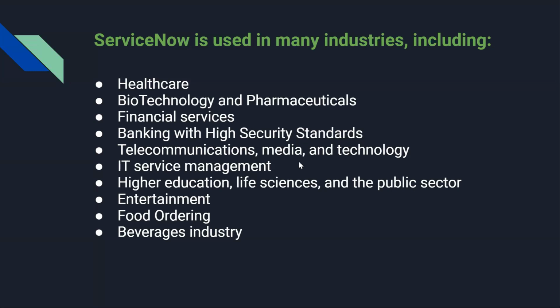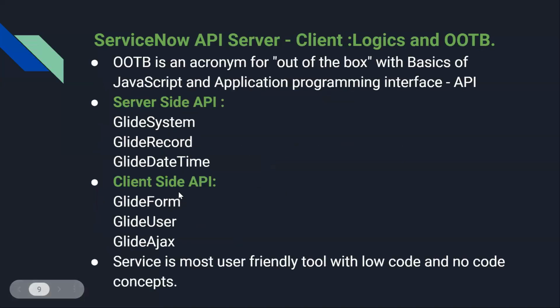Telecommunication, media, technology, IT service management, and even schools and the education system, you can implement this. Entertainment, food ordering, beverages, whatnot. Almost in all industries, ServiceNow is now ruling. Very big companies are in a race to become partners of ServiceNow. ServiceNow is a product-based company. It is a vendor to many other big clients.